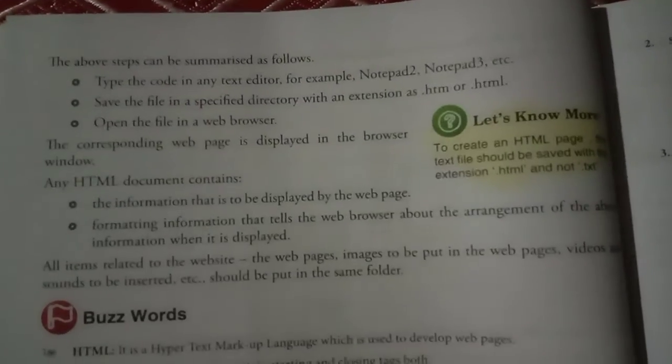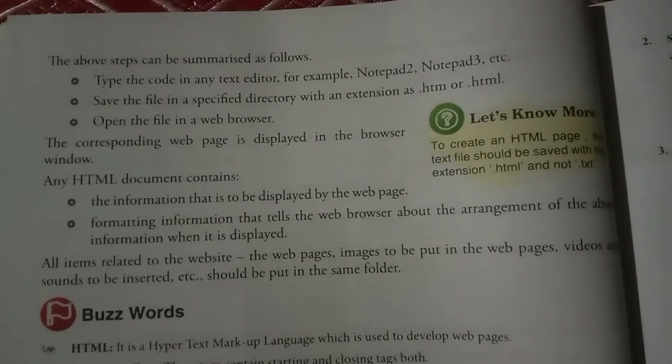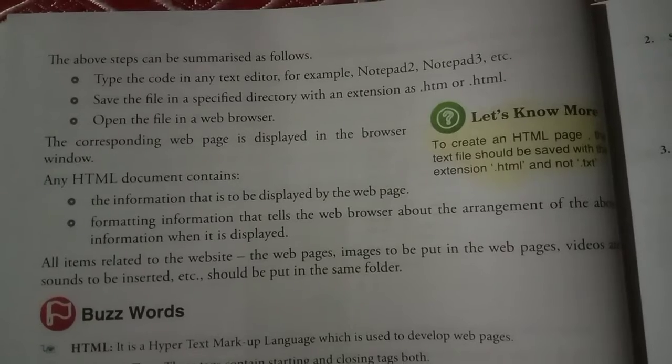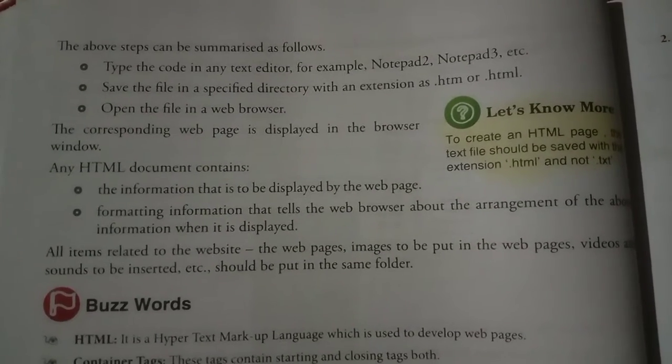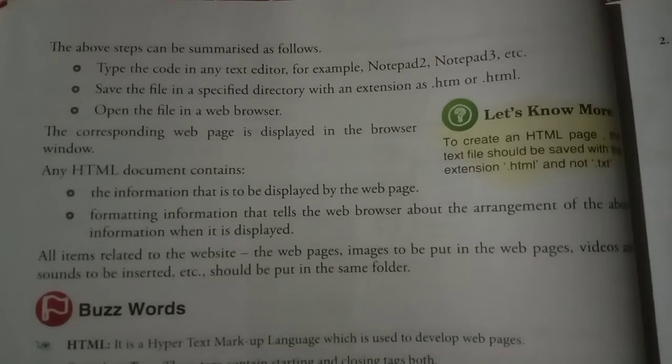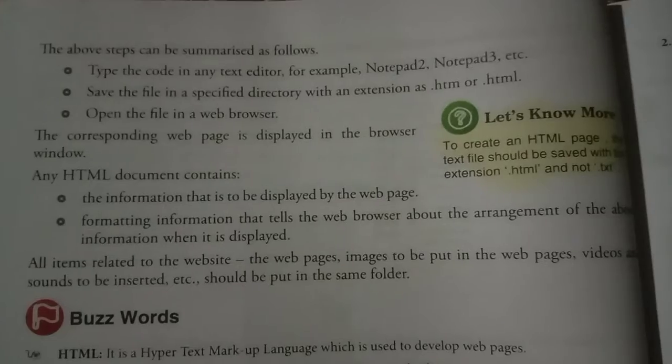So the above steps can be summarized as follows. Now this is the summary through which we are going to summarize all these things. Type the code in any text editor, for example Notepad, in Notepad only, okay?